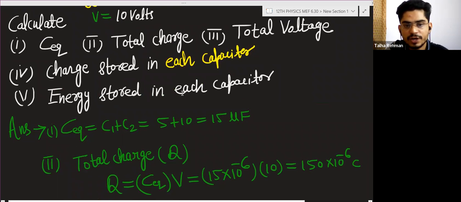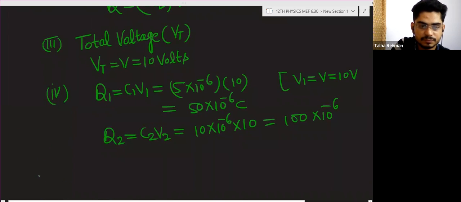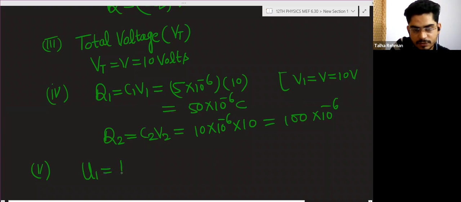And energy stored in each capacitor: energy stored in capacitor 1 is equal to half C1 into V1 square.